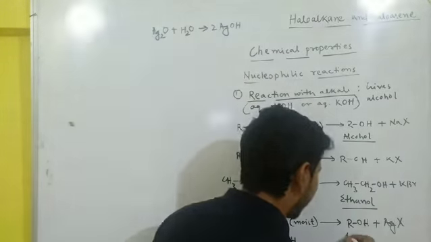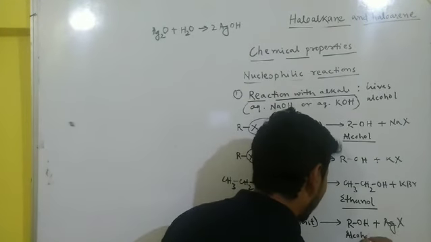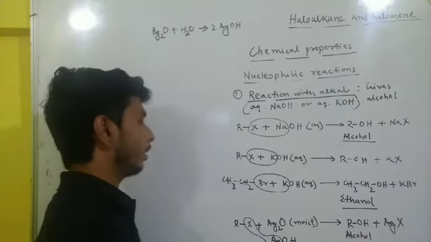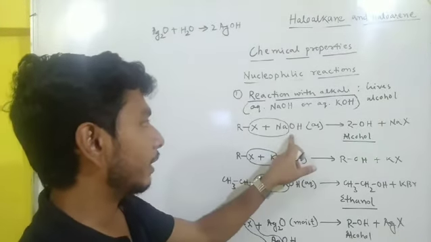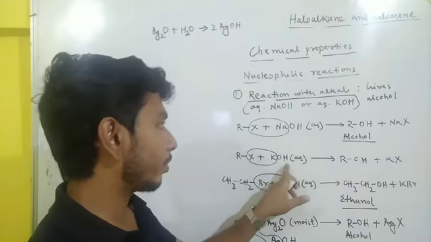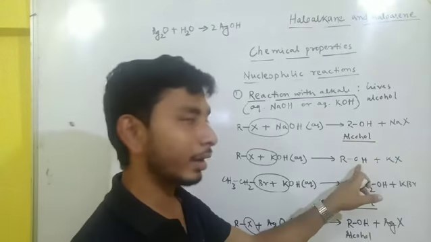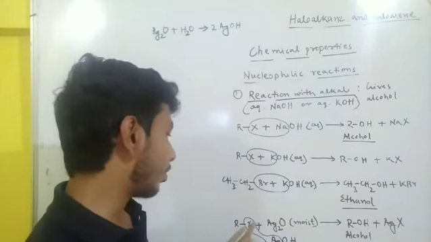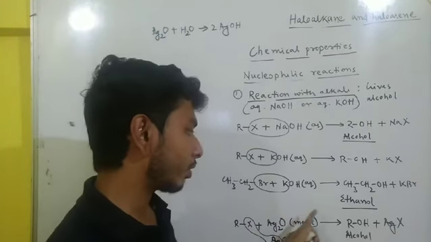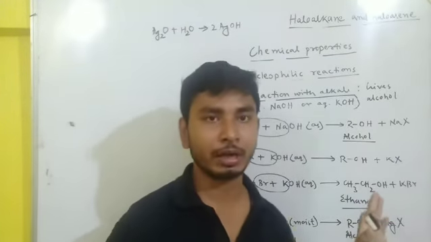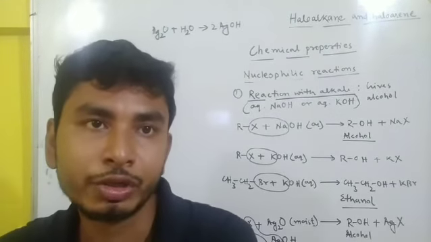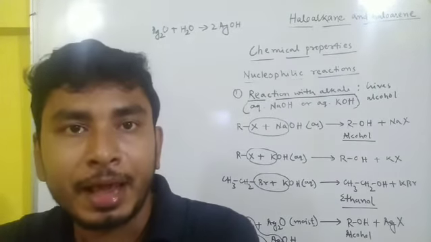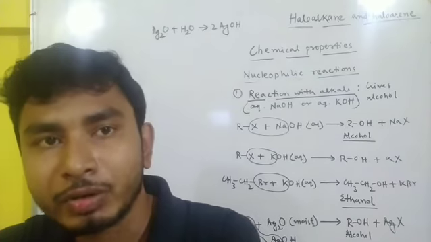Alkyl halide on treatment with aqueous alkali like aqueous NaOH or aqueous KOH gives the alcohol. Alkyl halide on treatment with moist silver oxide also gives the alcohol. So this is the first reaction, the reaction with alkali and moist silver oxide.